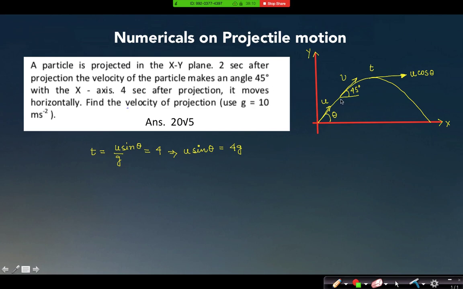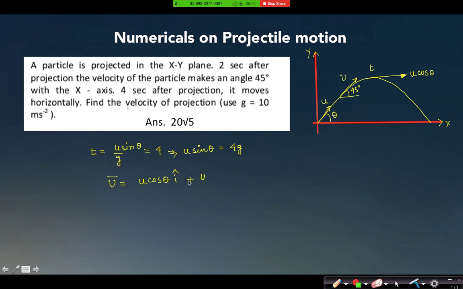It says after 2 seconds, its velocity is 45 degrees with the horizontal. So can I find the velocity of the particle after 2 seconds? It is u cos theta i cap plus what is the y component?